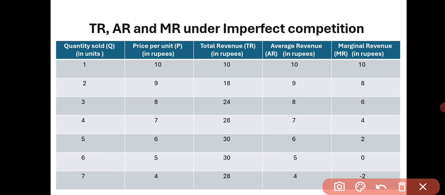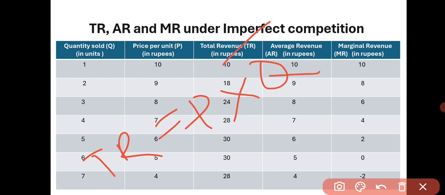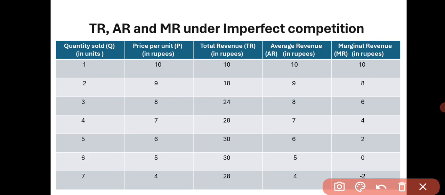Now, total revenue, TR, is always P into Q. We can calculate TR by multiplying price into quantity, right? So here also TR is calculated by multiplying Q into P.